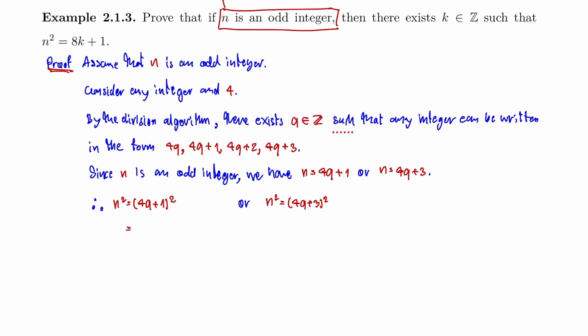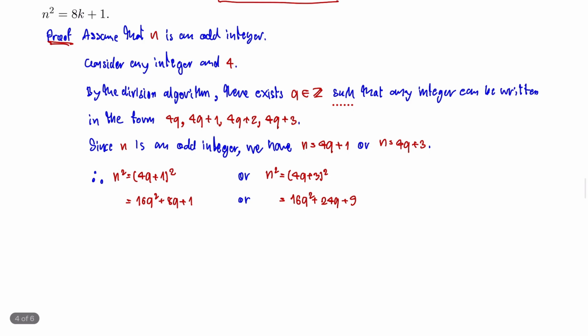And it turns out to be 16q squared plus 8q plus 1. At the same time, when we expand 4q plus 3 squared, we get 16q squared plus 24q plus 9. Then I can factor 8 out of the first two terms on the left, and we have 8 times 2q squared plus q, plus 1.